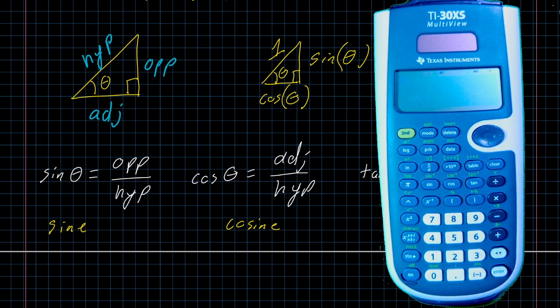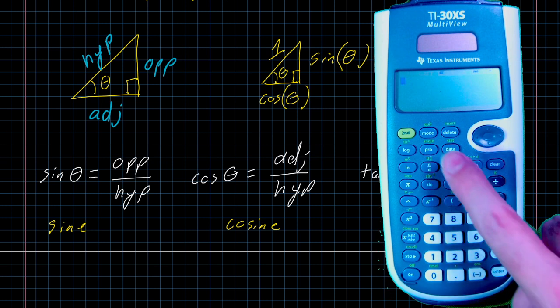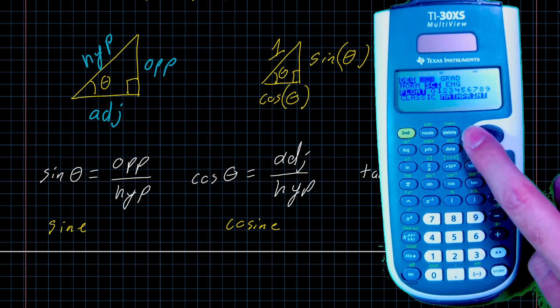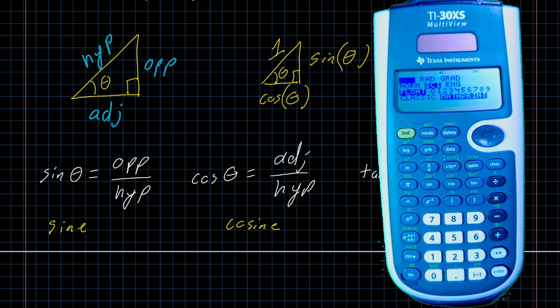So first of all, there are a couple of different ways you can measure an angle. We are going to be using degrees to measure our angle. So somewhere in your calculator, there is a menu where you can make sure that your calculator is in degree mode.